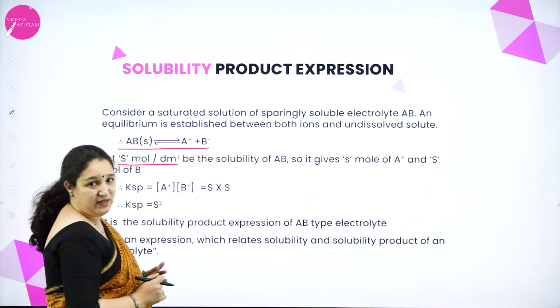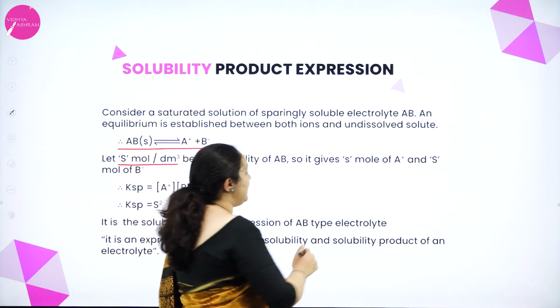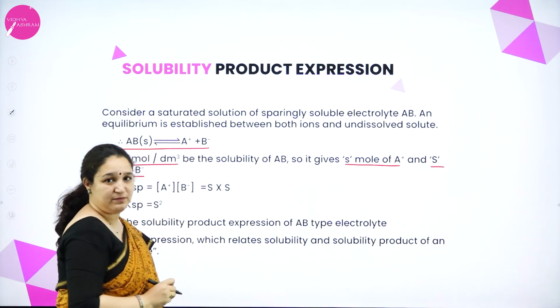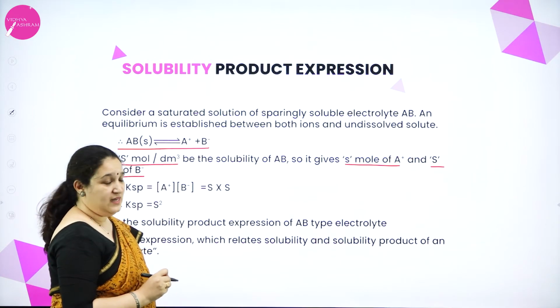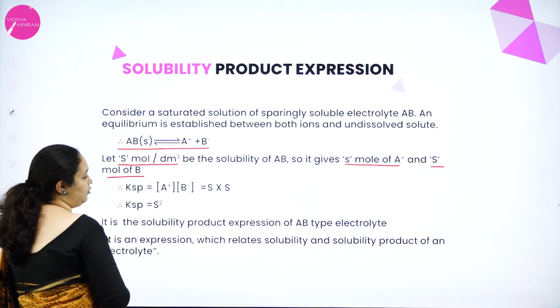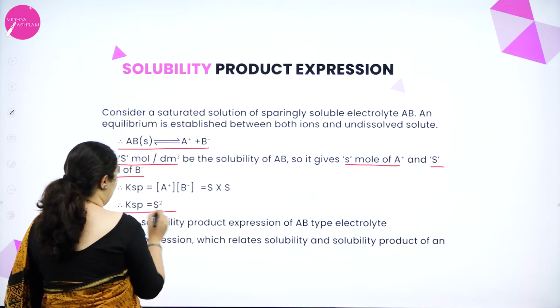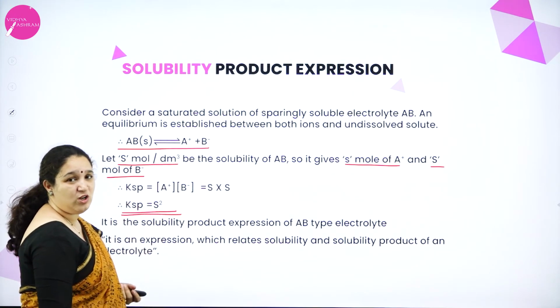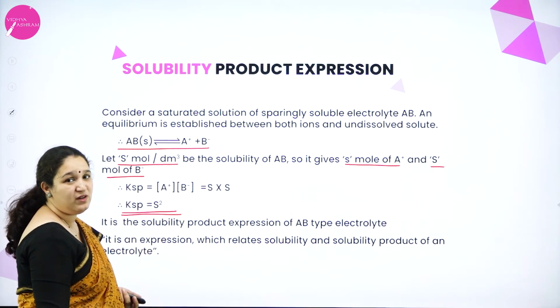S moles per dm cube. So, it gives S moles of A plus and S moles of B minus. Correct? Thus, solubility product is the molar concentration of A into B, that is S into S, which is equal to S square. So this is the expression for solubility product of AB type of salt.